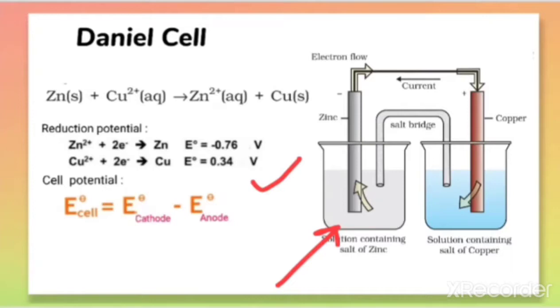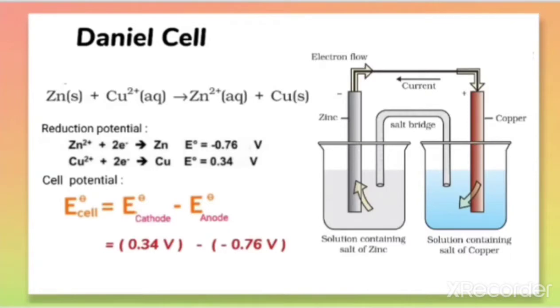So we get 0.34 volt minus of minus 0.76 volt, and after calculation we get 1.10 volt.